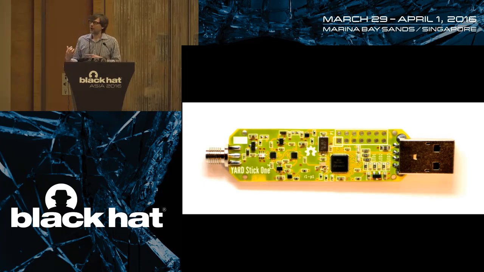This particular part is designed for sub 1 gigahertz radio frequencies, so up to about 960 megahertz, I think it goes. And it covers some very popular bands like the 300 megahertz band, 400 megahertz band, the 900 megahertz band, 868 megahertz. All of these popular frequencies below 1 gigahertz for low-cost equipment operating in unlicensed bands.